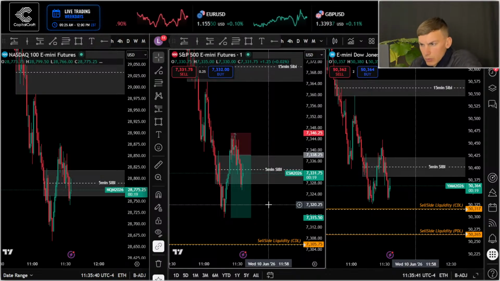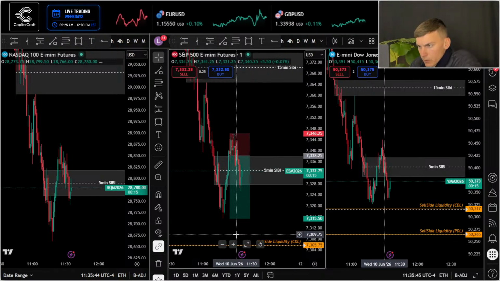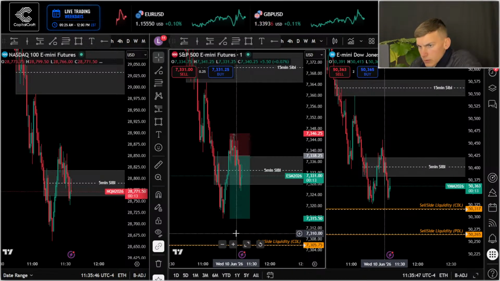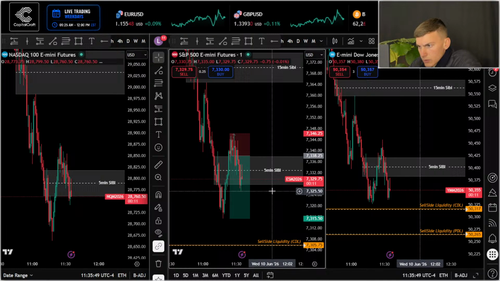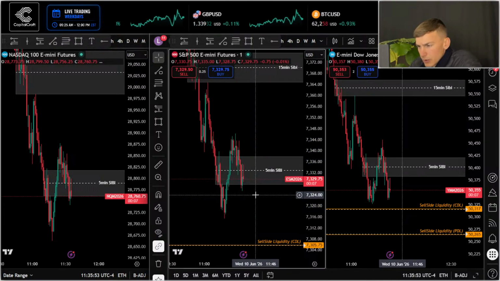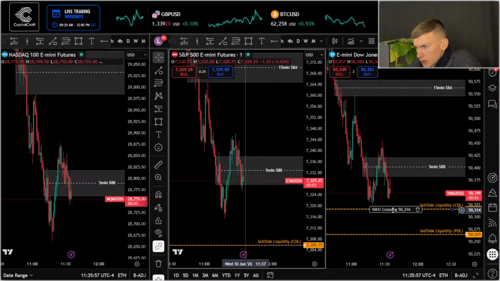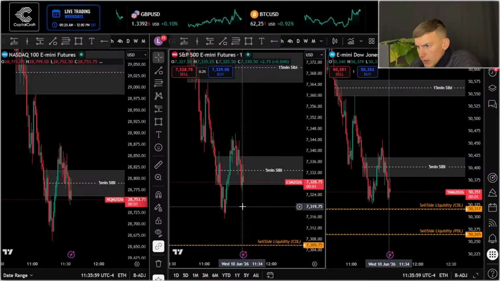That's what our ideal trade would have looked like now. Could still go short, but rather not, especially considering how close the Dow is.